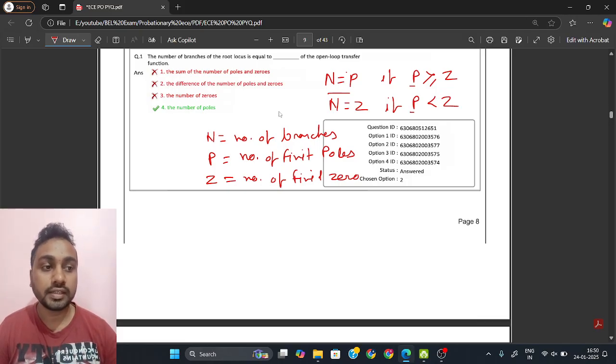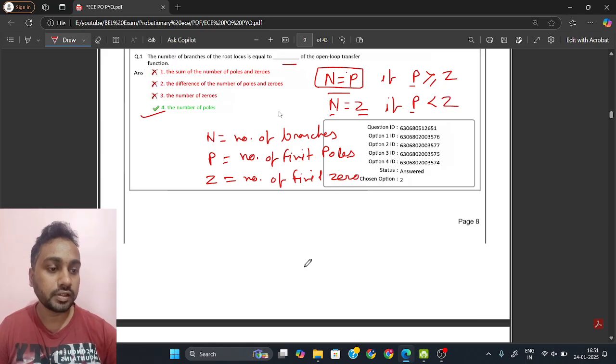And when p is less than z, the number of branches should be equal to the number of zeros. So the number of branches of the root locus is equal to dash, meaning n equal to p. It should be the number of poles of the open loop transfer function.